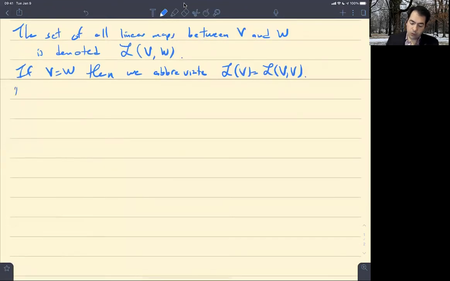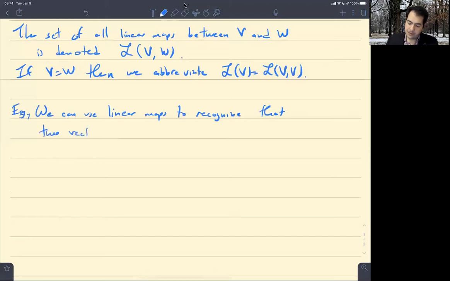Okay, so we can use this to make a point I talked about a bit last time. We can use linear maps to recognize that two vector spaces are really the same vector space. So let's consider our example from last time.